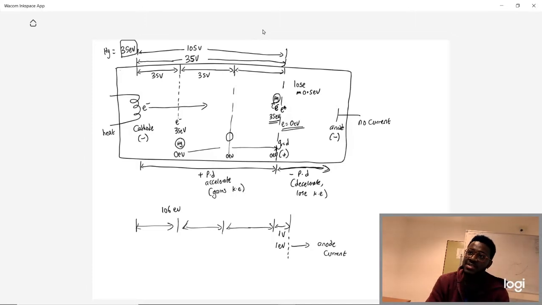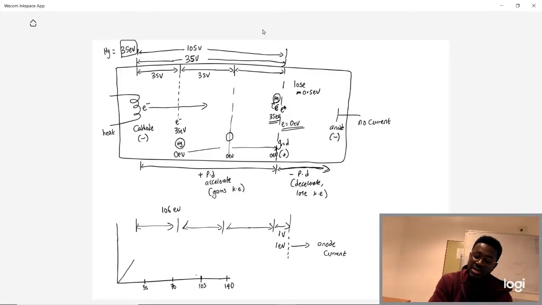You understand, right? So you're going to have a graph that's like this, where at every multiple of 35, 70, 105, 140, at every multiple of 35, the current, this is a graph of current, and what's on the x-axis?